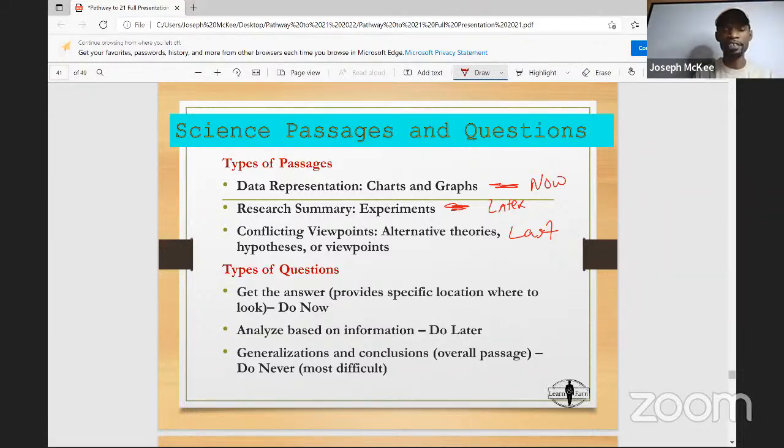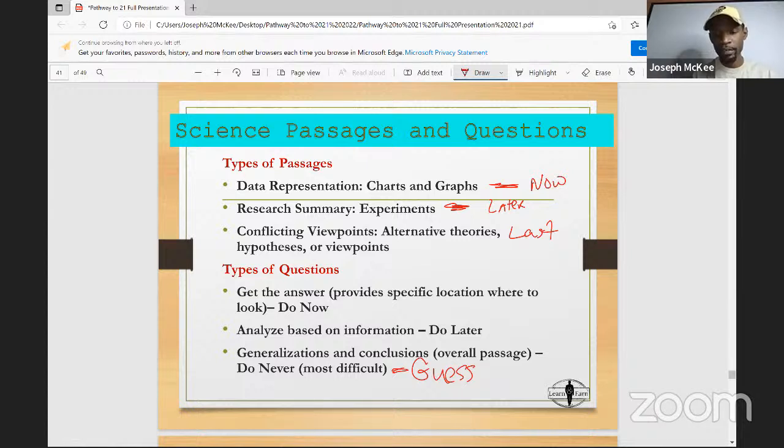Second type is going to ask you to analyze based on some information. And then the final type of question is the generalization and conclusion. The overall passage, the most difficult, probably one that you will do never. And remember what we say about do never. We guess. So it is important to use that guessing strategy.